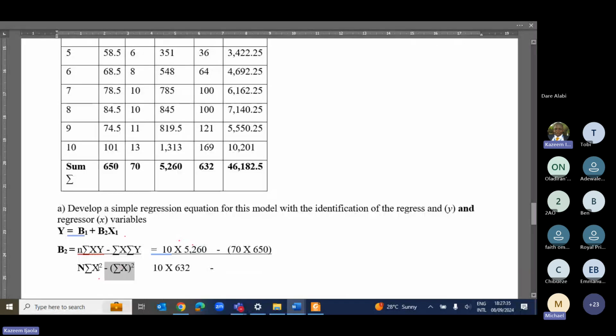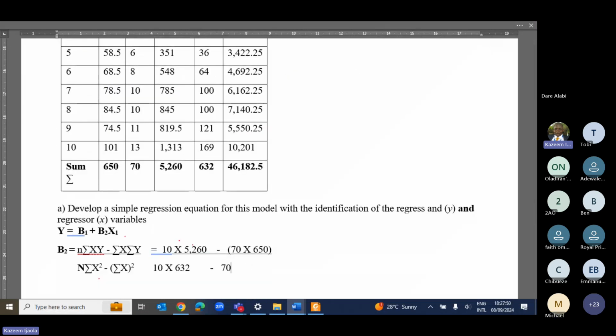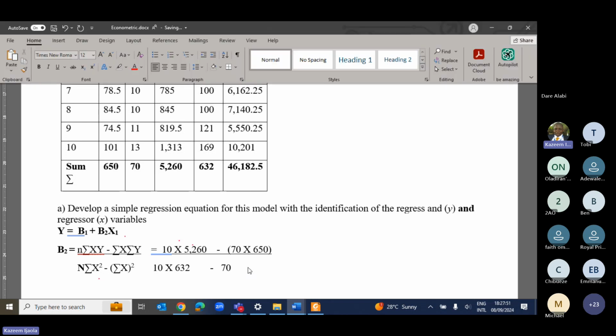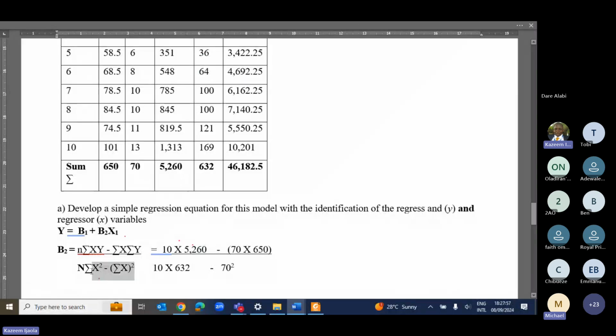But this summation x is in the bracket, which means you pick only summation x alone, which is 70, and then put a square on it. So don't miss the two. Summation x square is 632, but summation x is 70, and then you apply your 2 on it. So don't mix the two up, please.